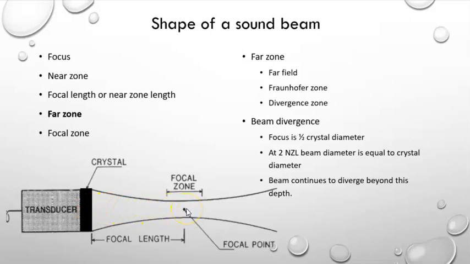And then this far zone, which is the divergence as the beam spreads apart, is called the far field or the Fraunhofer zone. And this divergence will continue past two focal lengths into infinity as the beam continues to spread and spread farther and farther, and eventually is just absorbed as heat by the surrounding tissues.